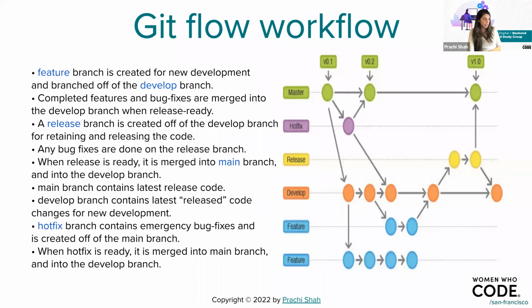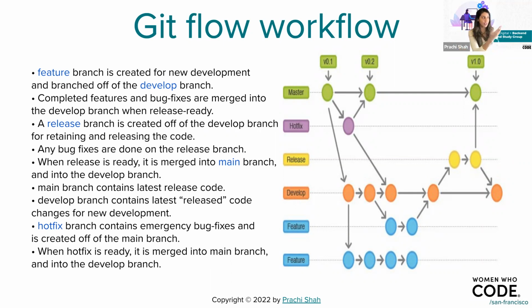Any bug fixes are done. Yeah, so some of the things that I mentioned are somewhat custom. In the previous slide, what I mentioned is usually the understanding, but depending on your team and your processes, it's not set in stone. You can totally customize, or have your own understanding or implementation of the Git flow.